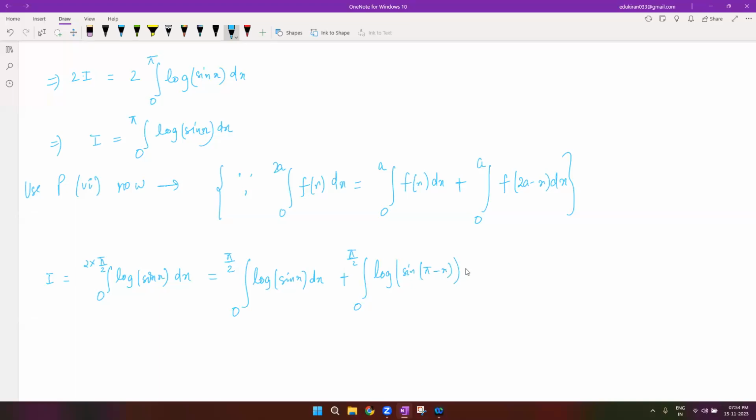We have just talked about it: sine pi minus x is nothing but sine x only. So this is also sine x, log sine x plus log sine x, 2 log sine x. Which is basically the seventh property. The seventh property could have given us this directly, but it's okay.